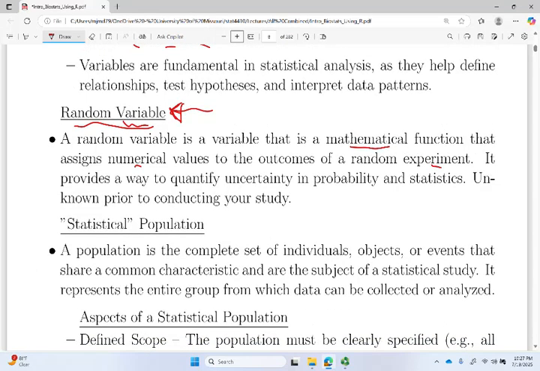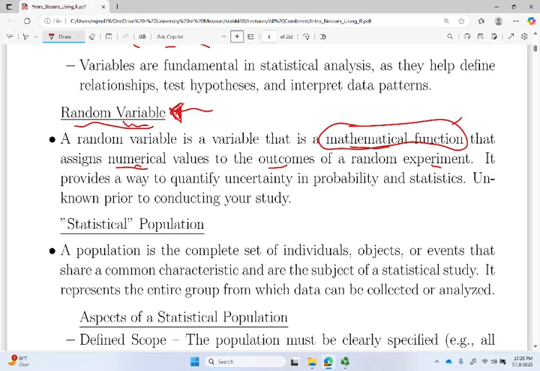But when we roll a die and there's 3 of those little pips or dots on the top, then we create a mathematical function. Most of the time we don't realize we're doing it, but let's associate the number 3 with that outcome. So technically the random variable is the outcome, but we've assigned some sort of numerical value to it.